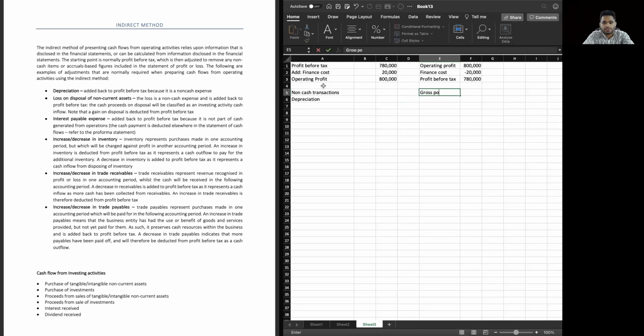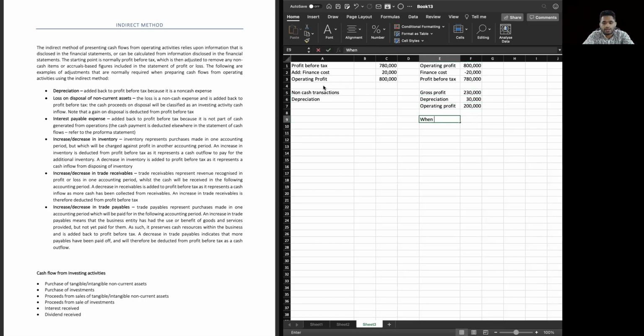So if I add my gross profit, and if I add depreciation coming in, 30,000, then my operating profit would be 200,000. Now, if I need to remove this depreciation, if I remove an expense, then the profit is going to increase.